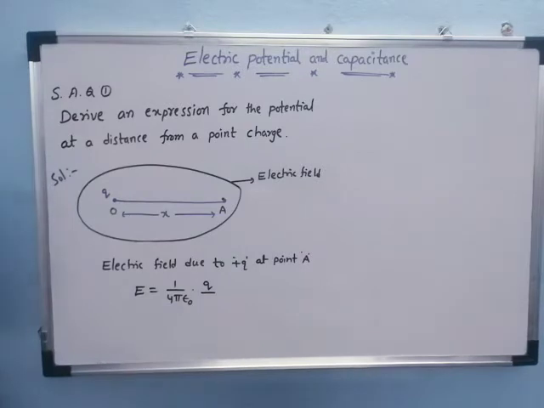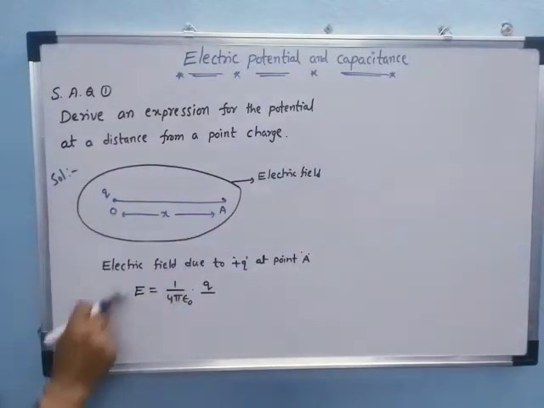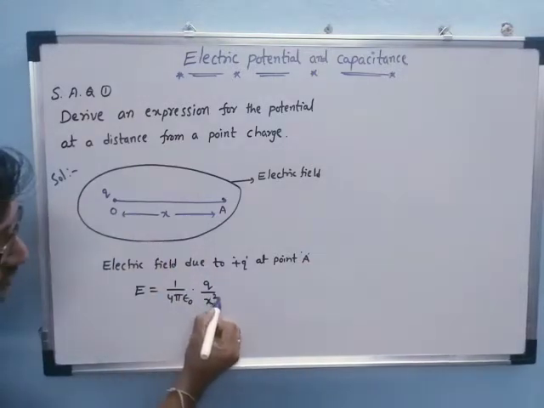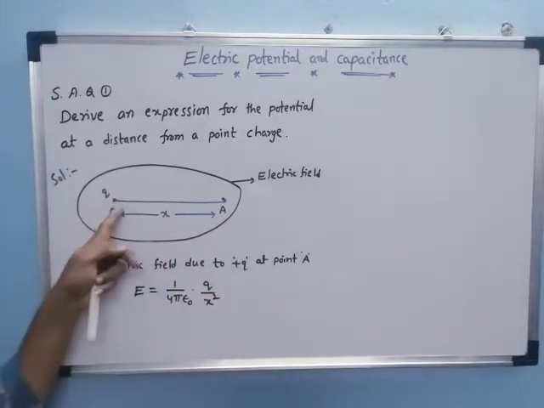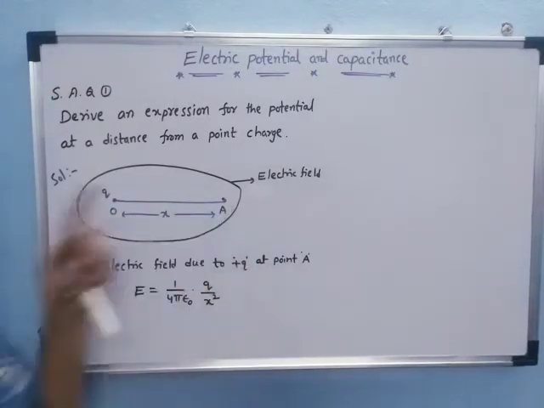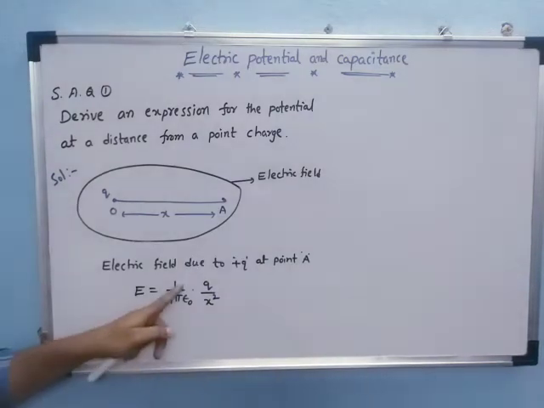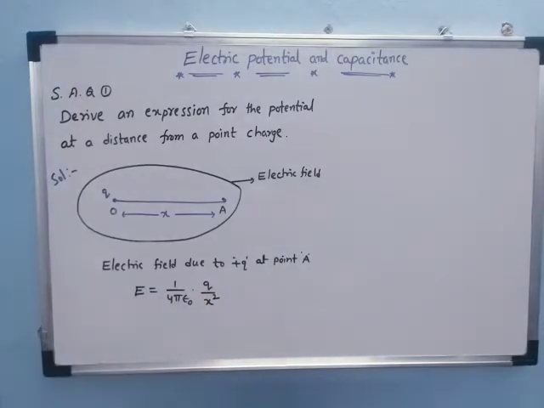Here r square is the distance between the point and the charge, which is x. That is why we write x square. So the electric field due to the positive charge at point A is E is equal to 1 by 4 pi epsilon naught, q by x square.